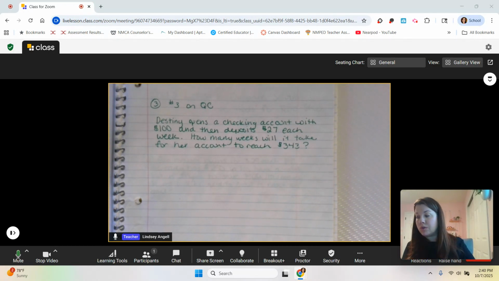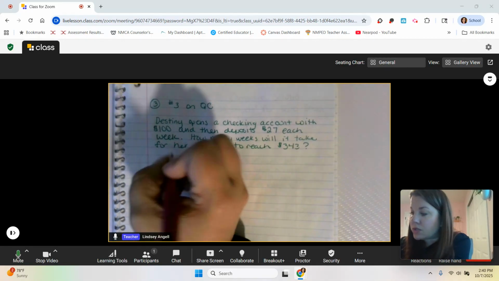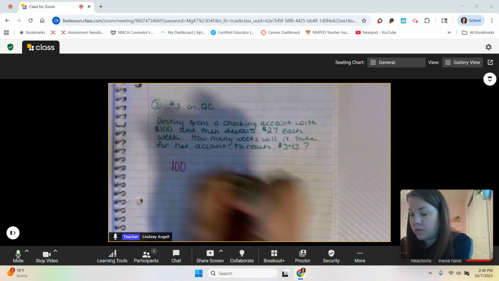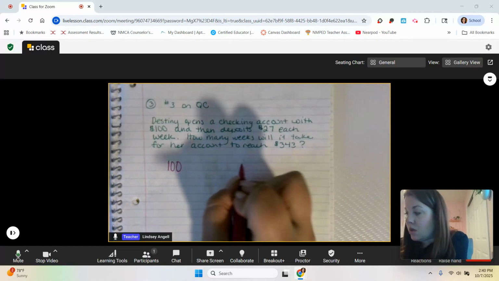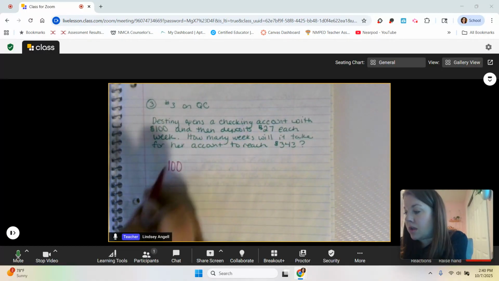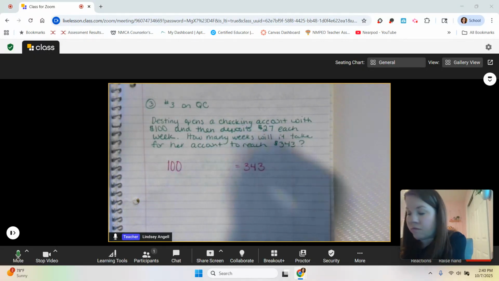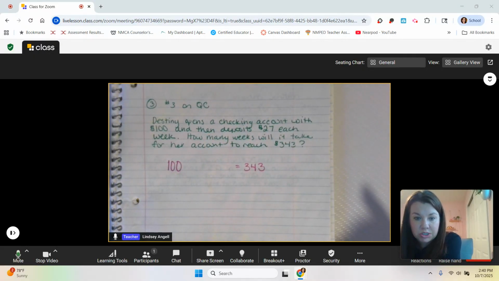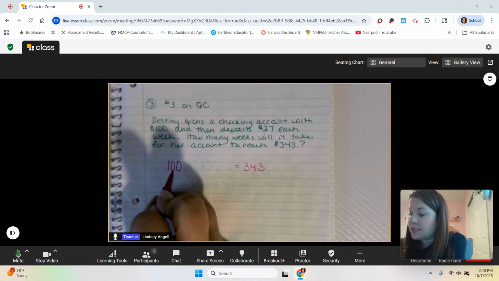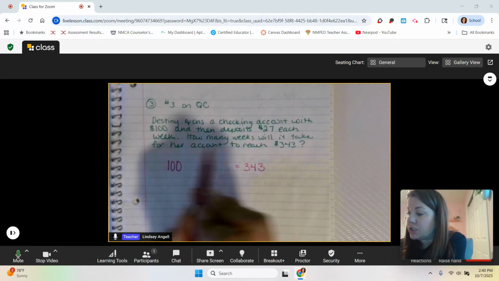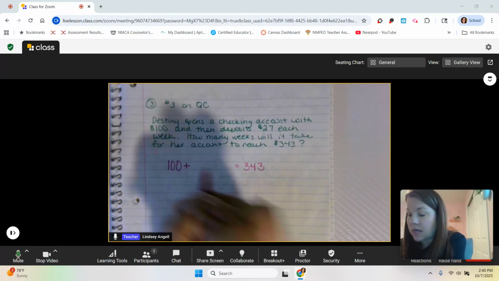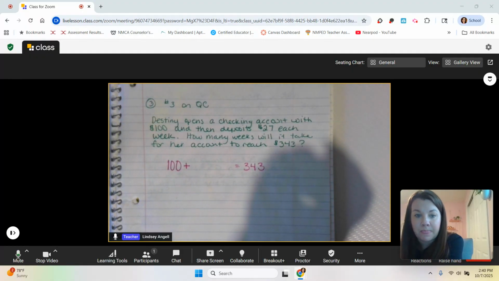Okay, so there's a few things we know. We know she already has $100. Okay, we know she wants all of this money to be equal to $343. That's how much she wants total, right? So she's going to add her 100, right? She's starting out with 100. It's not being taken away. It's what she already has.